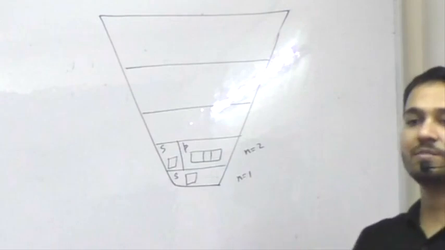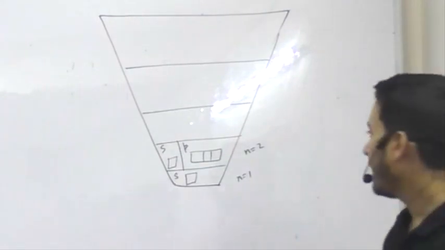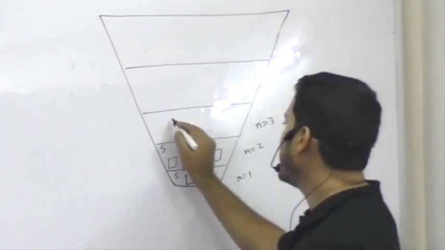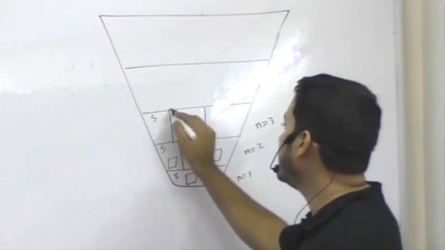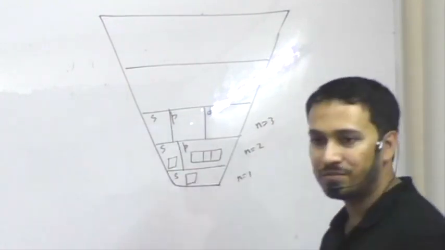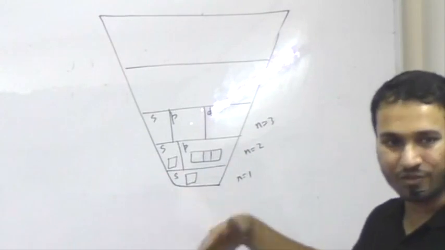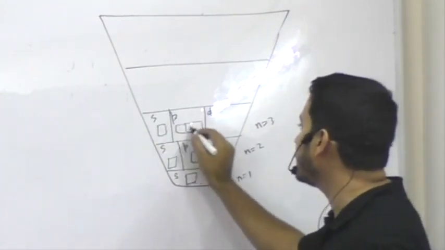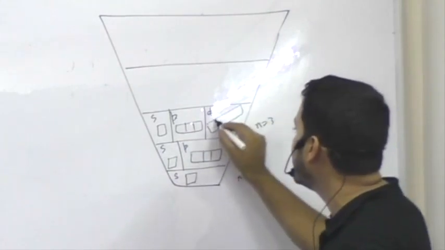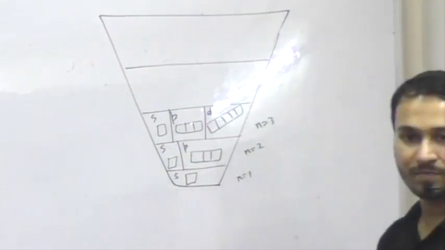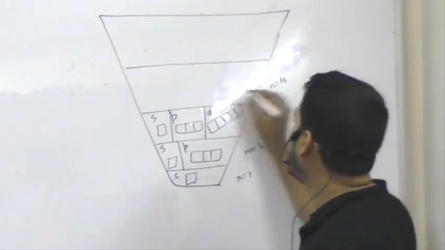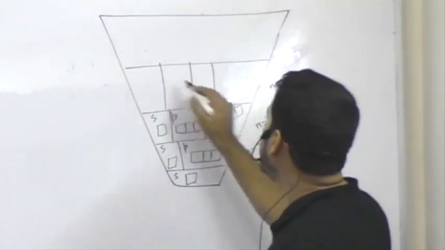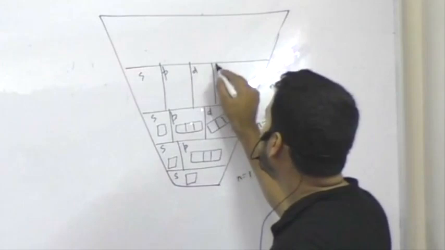And in boxes के अंदर हम क्या store कर सकते हैं? Electrons. The third floor can have S, P, and D rooms, because now the orbit is bigger, so there's more space, we can have more subshells. In the S I can have 1 box, in the P I can have 3 boxes, but in the D now I can have 5 boxes, right? Then the fourth floor will have S, P, D, and F, right?